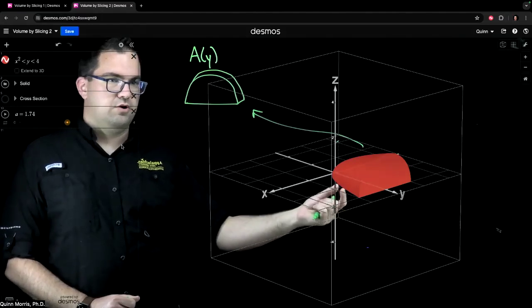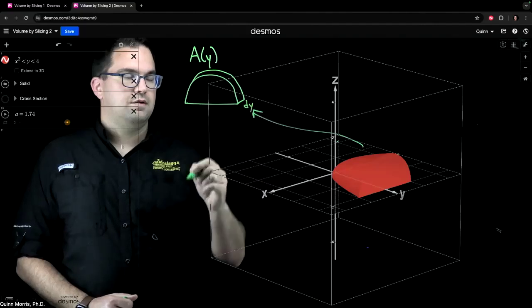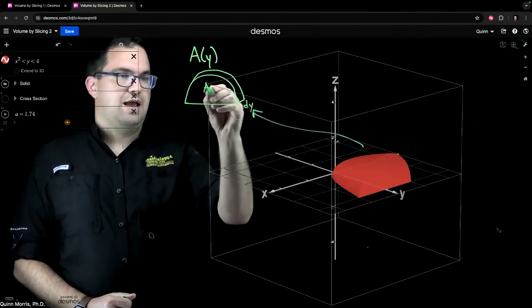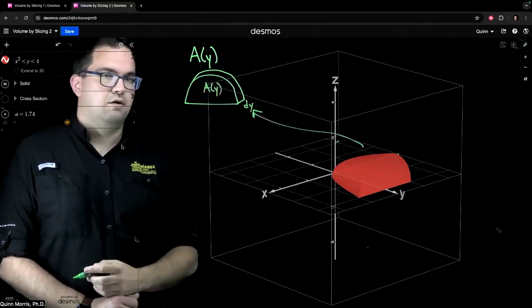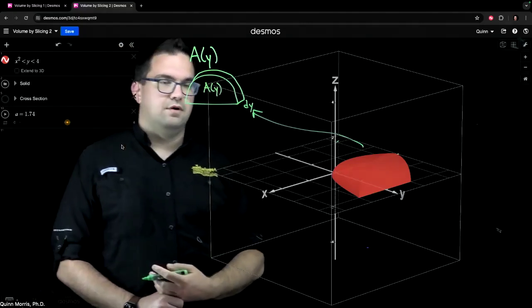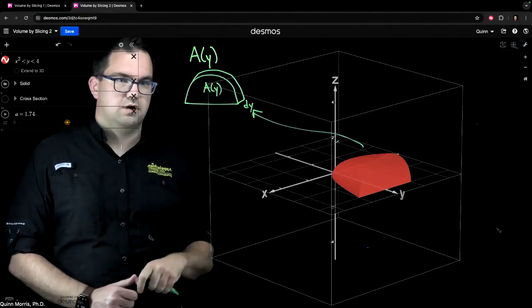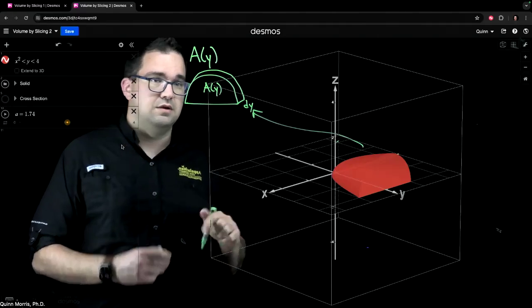So you take a little slice, dy, and then you can find the area of this. Since it's a semicircle, it would be 1/2 pi r squared. We'll compute this for this particular solid a bit later.